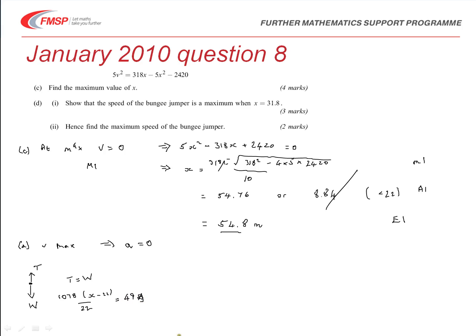And we want x out of this expression. So we divide through by the 22. Well, basically we've just got to fiddle this around, haven't we? So x will equal 22 plus 49 times 22 over 1078.